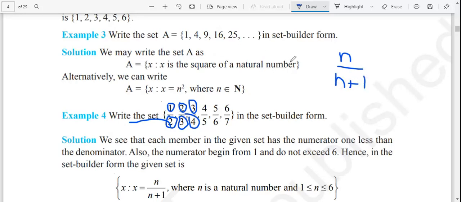So you can write it as x such that x equals n over n plus 1. This is the set builder form or notation, where n belongs to what? n belongs to 1 to 6, 1 comma 6, from 1 to 6.